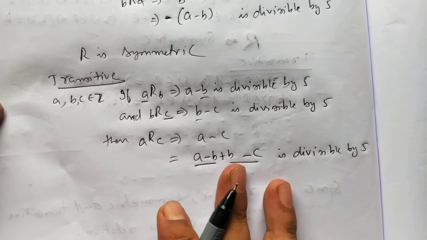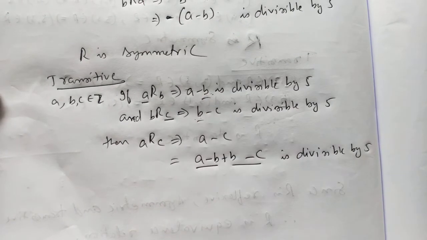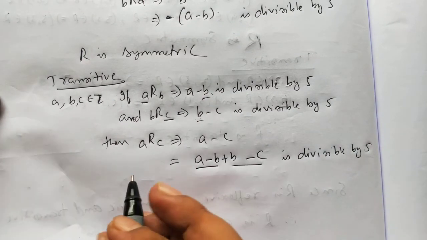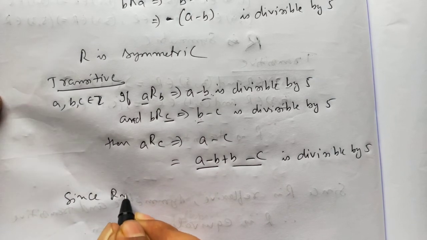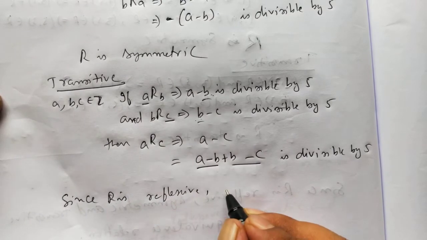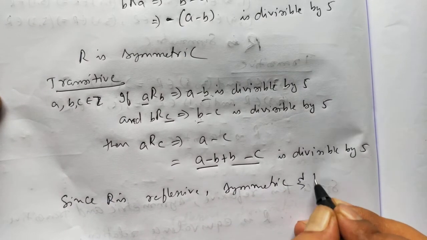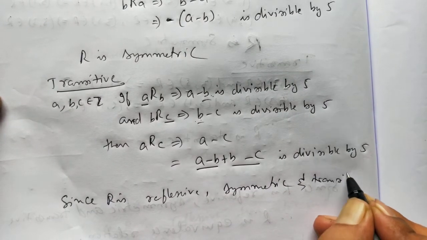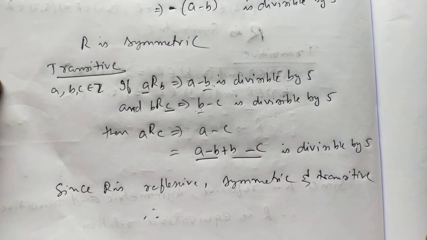You can use another alphabet also, but since I have to connect with this, I'm using this alphabet. It's divisible by 5. That means since R is reflexive, symmetric and transitive, therefore it is an equivalence relation. You can write this down.